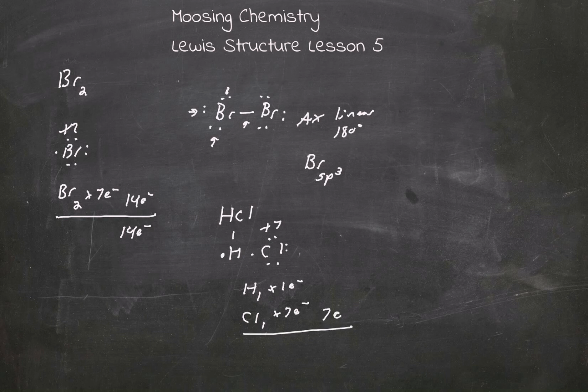This gives me 7 electrons plus 1 electron, gives me a total of 8 valence electrons. So we'll put this together. We're going to connect H and Cl. Hydrogen satisfied. So it's 2, 4, 6, 8. And this structure is called an AX structure. It's also linear, 180-degree angle.